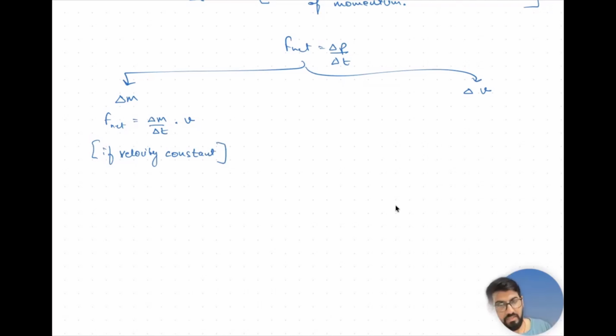And another way is F net or average force is equal to mass times the change in velocity over time, and velocity over time is nothing but mass times acceleration. That is why we use this formula when mass is constant.